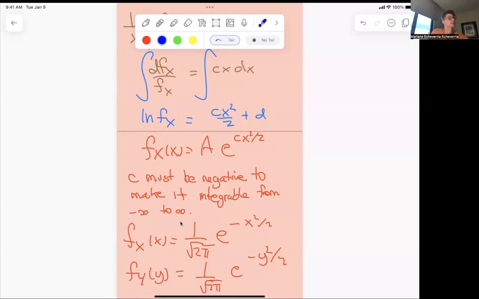It's useful to have different ways to think of why the distribution would appear. One is because of the central limit theorem, another is because of the entropy principle, and the other is because of a symmetry principle, that it respects these polar symmetries.